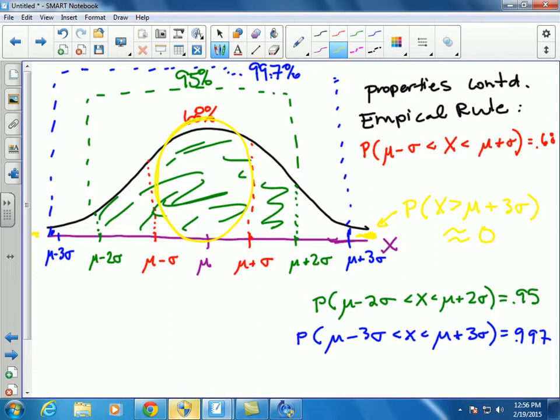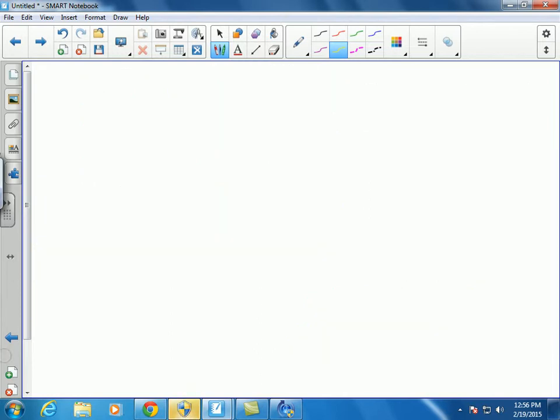So what I want to do is some examples here using this normal distribution and the empirical rule, and then, what if you can't use the empirical rule, how do you find probabilities inside the distribution? That's what I'm going to focus on next, and I'm going to really do it by an example.